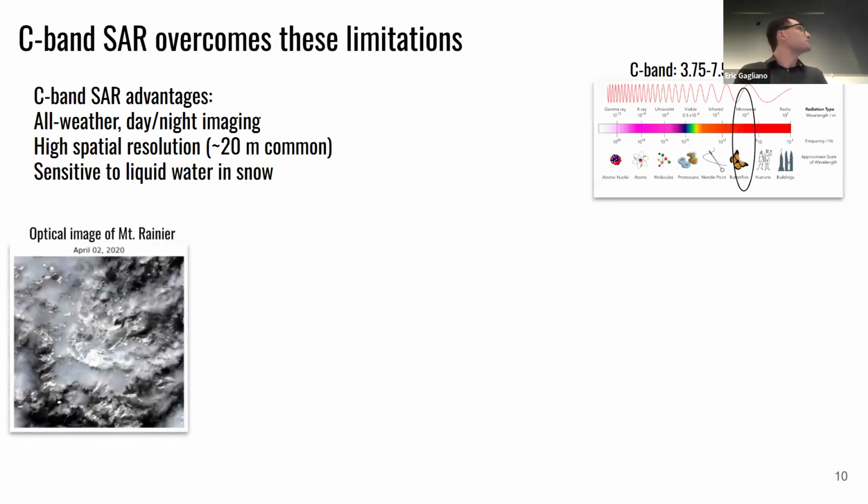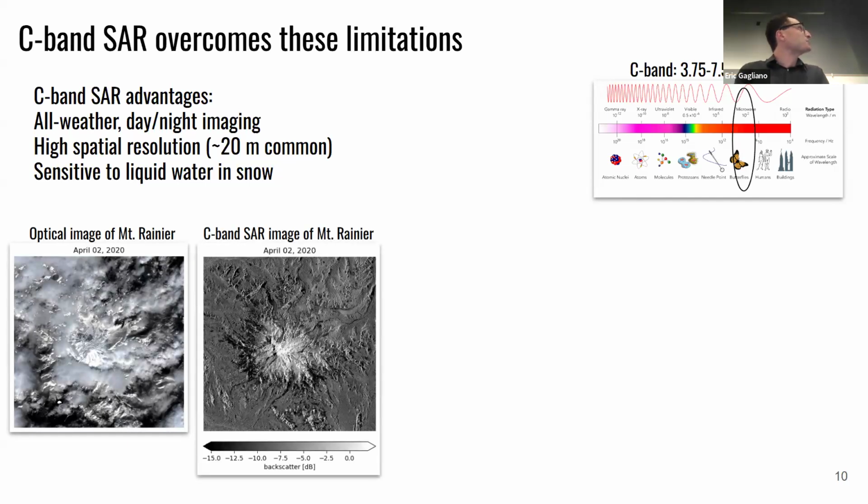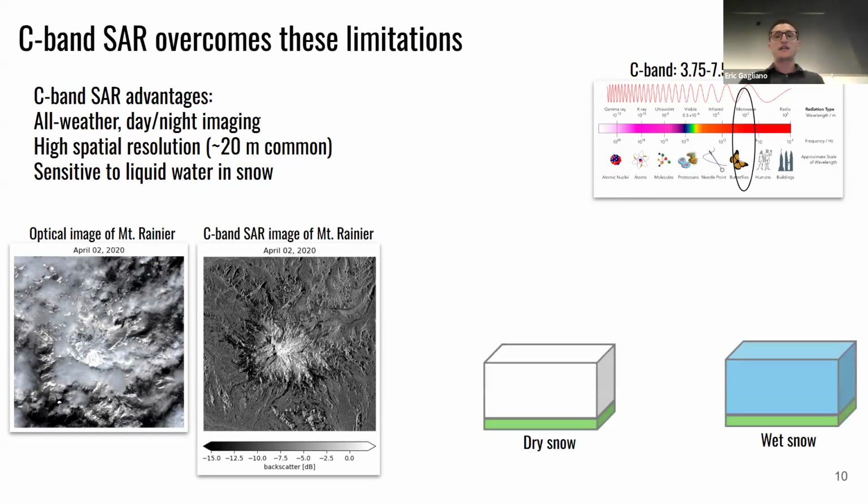So for example, here's an optical image of Mount Rainier, clouds, can't really see what's going on. But in the C-band SAR image, taken at roughly the same time, we can see straight through the clouds. And that's really helpful for us to do these long time series analyses without having clouds get in the way. It's not exactly measuring what your eyes can see, but it's powerful because you can use it day or night.